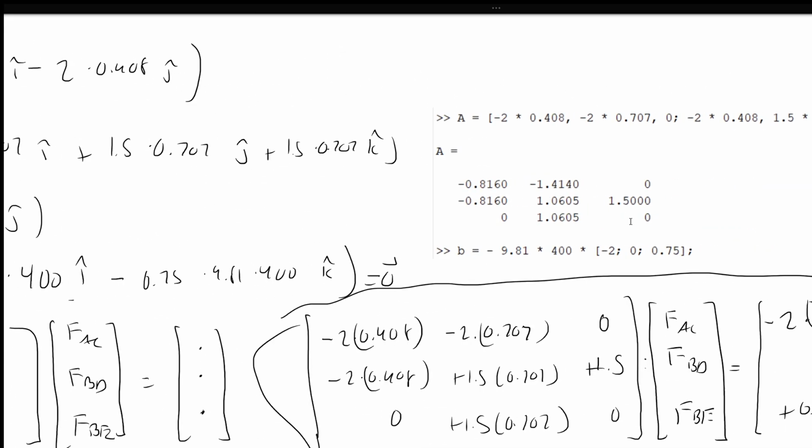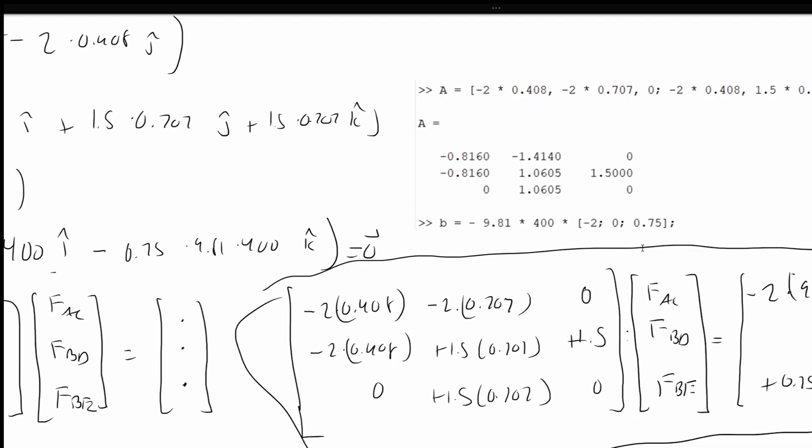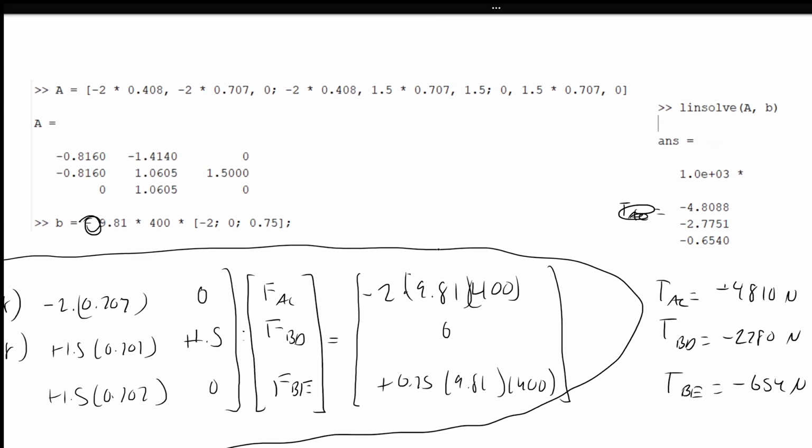Maybe the minus sign is over here. Oh, I found it, this is my extra minus sign. Oops, I shouldn't have put that in. So I'm going to go ahead and flip these over to positive as they should be. Alright, well those are the right numbers.